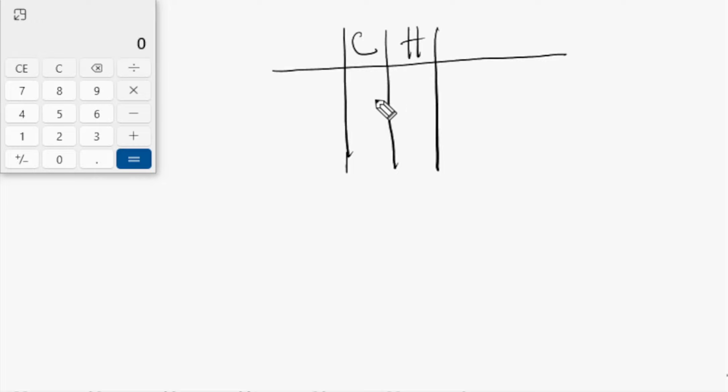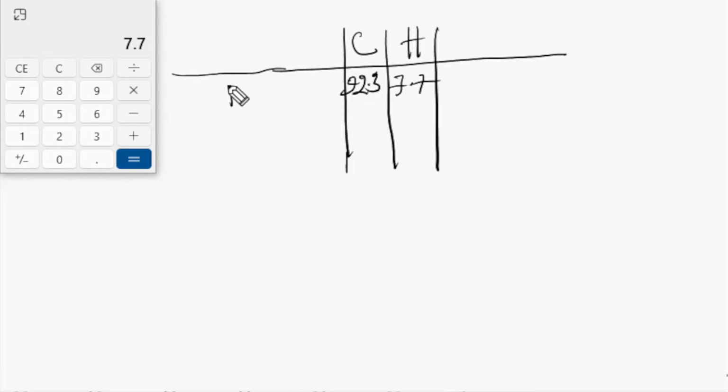So guys, if it contains carbon and hydrogen only, and carbon is made up of 92.3% here, remember that percent is out of 100, so out of 100 we have 92.3 for carbon. If we subtract 92.3 from 100, guys, we are going to have 7.7.